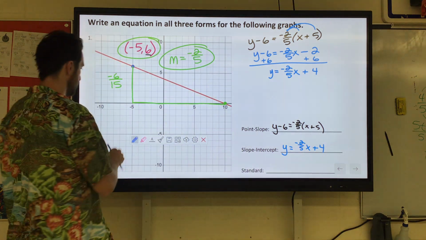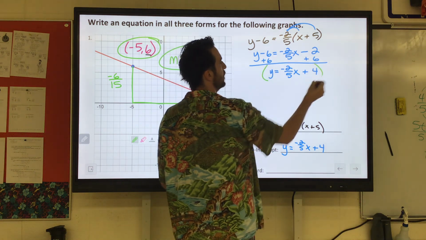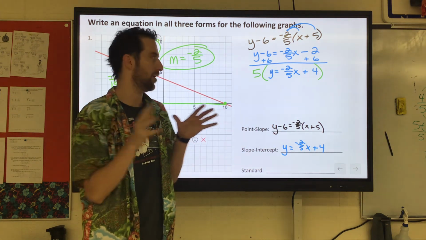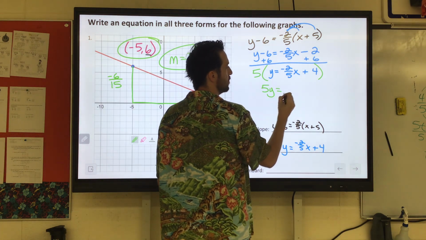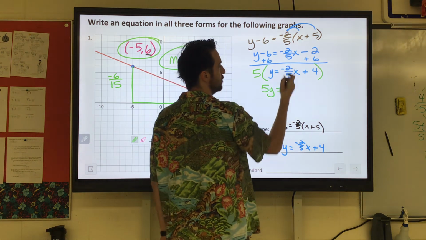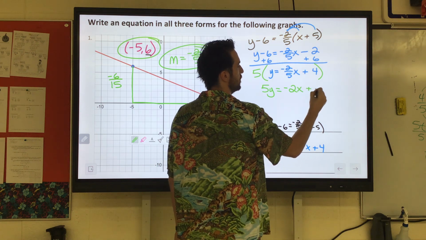And the last one is standard form. No fractions allowed. So we'll multiply this whole equation by 5, the common denominator, and that'll clear out all the fractions. 5 times y is 5y. If we are multiplying by the number in the denominator, those would just cancel out. So it would be negative 2x. And then 5 times 4 is 20.